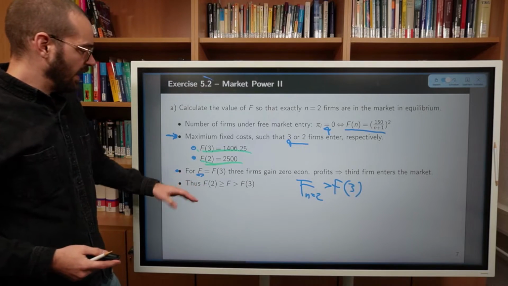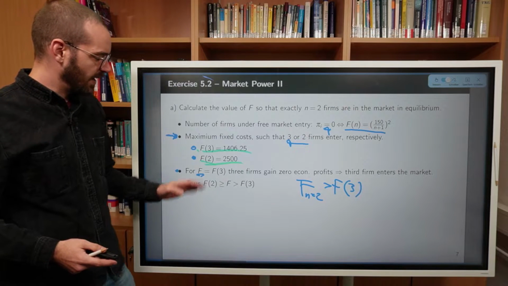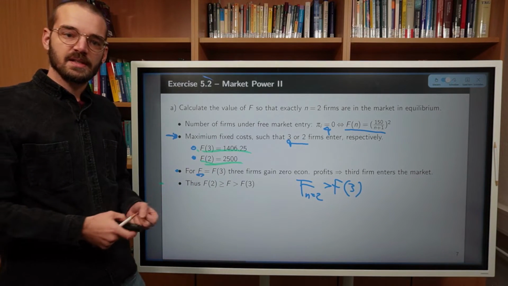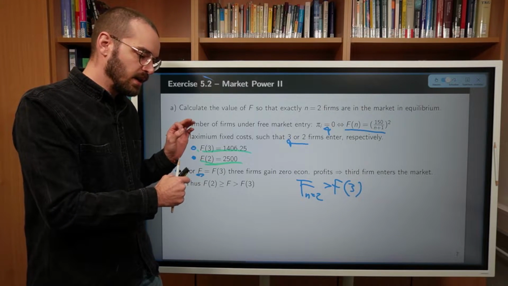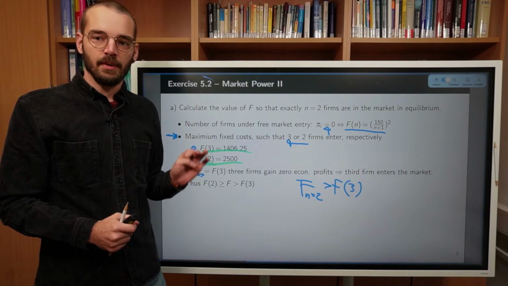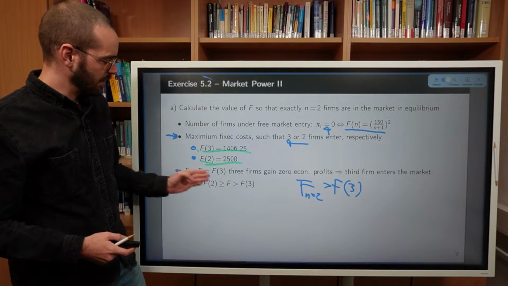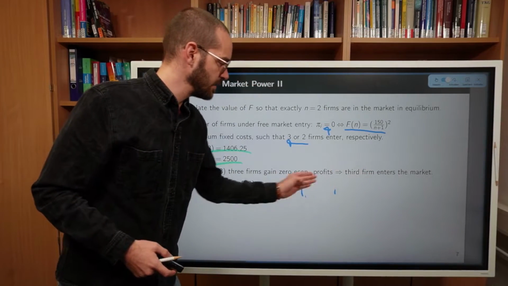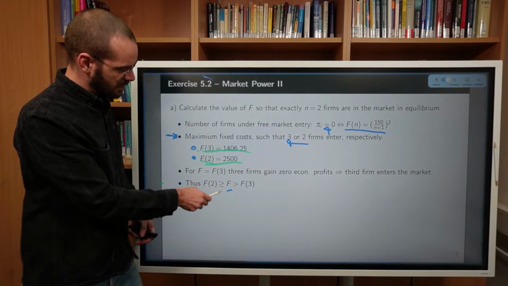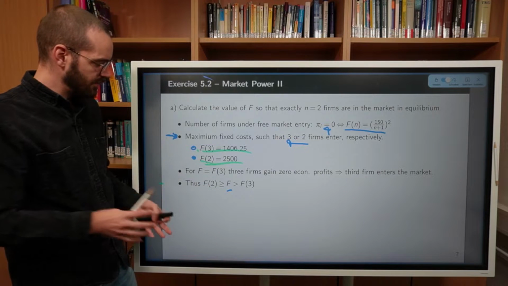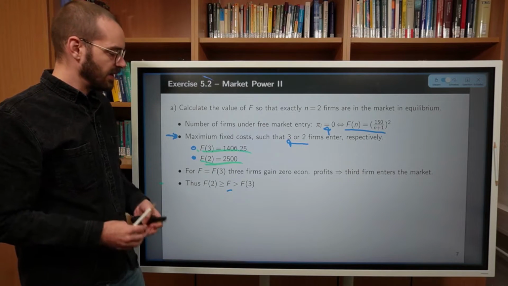All right? And at the same time, the other end of this interval is defined by f of 2, which is the highest possible value of fixed costs for which 2 firms can still make 0 profits in the market. All right, and with that, we have found the answer to this task. The fixed costs f need to be in this interval precisely. So f of 2 needs to be greater or equal than f, which needs to be greater than f of 3.